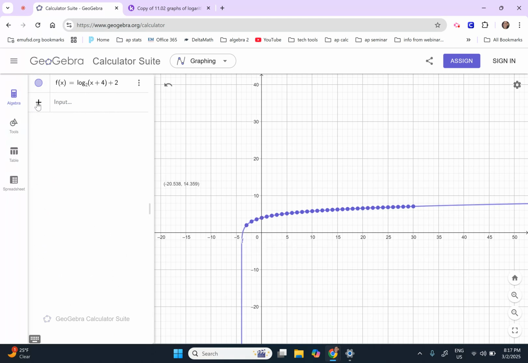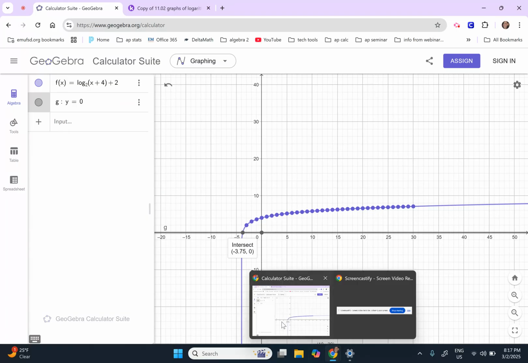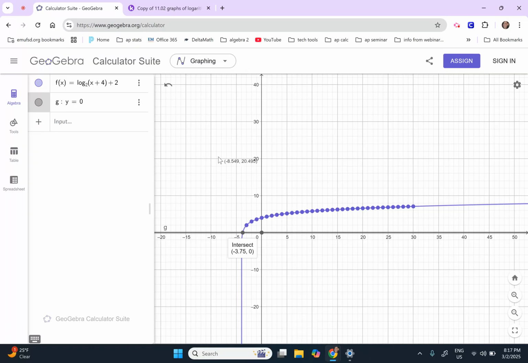One thing you can do is go y equals 0, and we can find the point of intersection. So it intersects at -3.75, 0. So that is the x-intercept. I found it algebraically in the notes.